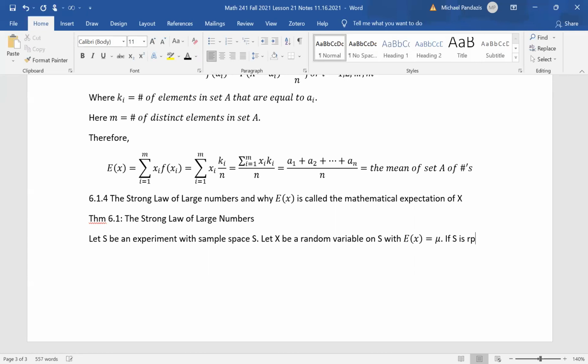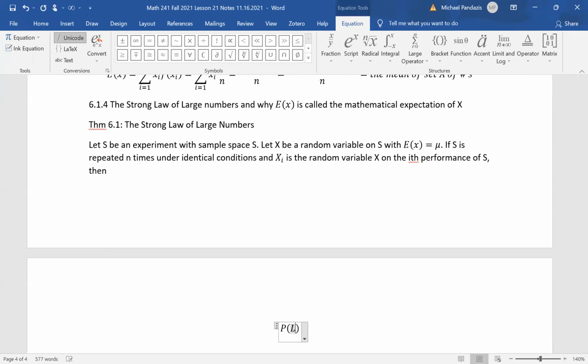If S is repeated n times under identical conditions and x sub i is the random variable capital X on the ith performance of S, then the probability that the limit as n approaches infinity of the fraction x1 plus x2 plus dot dot dot plus x sub n divided by n is equal to mu is equal to 1.